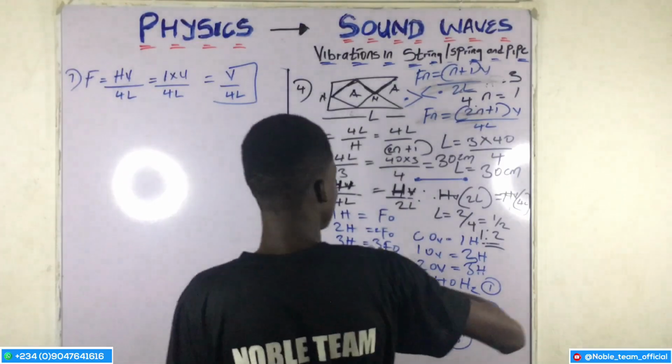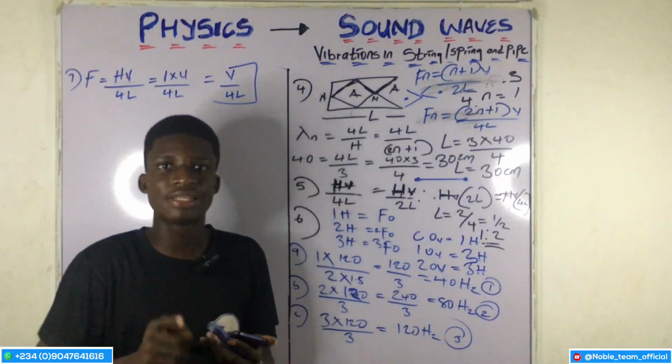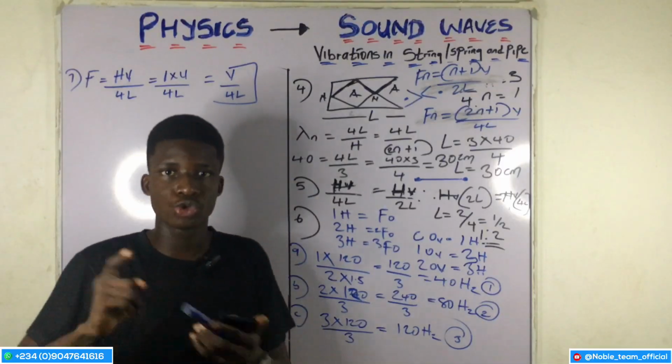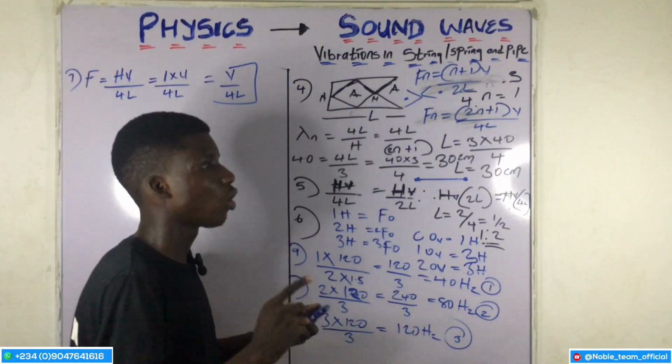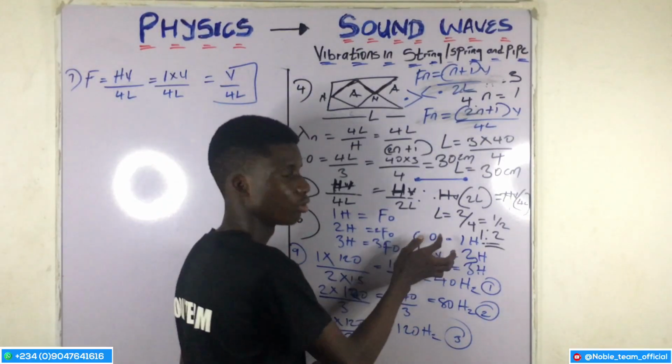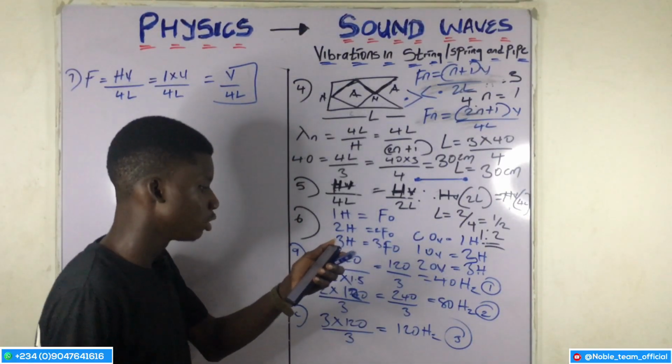You can also use the other formula that says Fn is equal to 2n plus 1 times V divided by 4L. Your overtone here is going to be 0. And option A is correct.